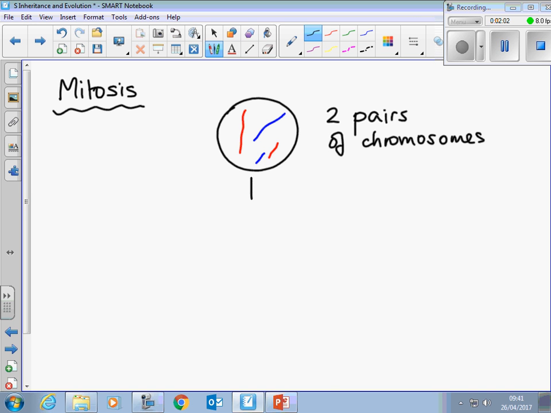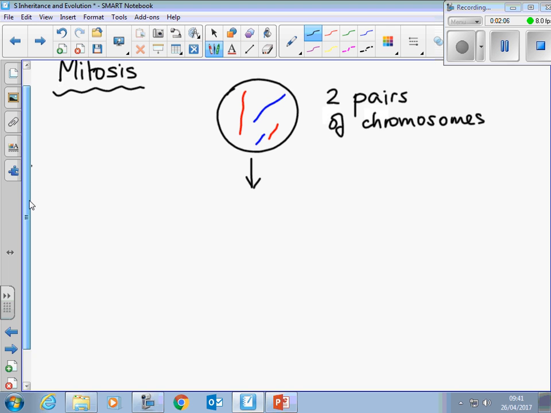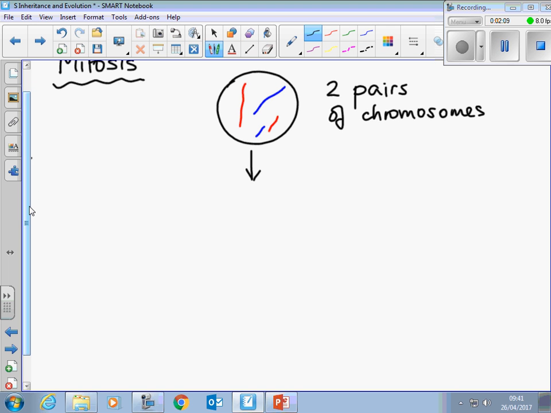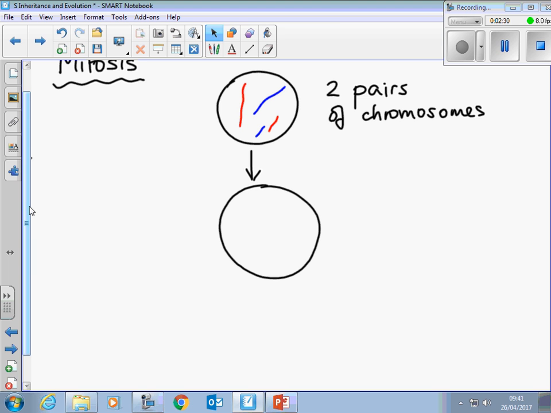Before the cell can divide, before mitosis even starts, and this actually happens in another part of the cell cycle that we'll identify, the DNA replicates, and it's during a phase known as the S phase, S for synthesis. We get doubled up copies of each chromosome, which then become pairs of chromatids.